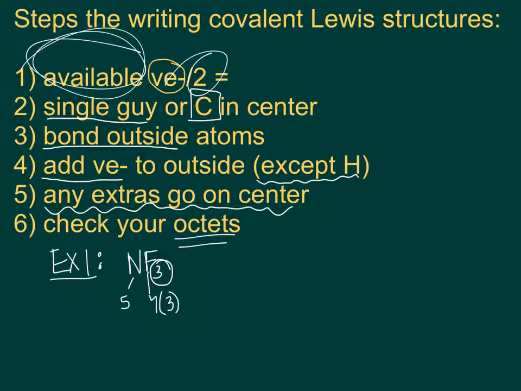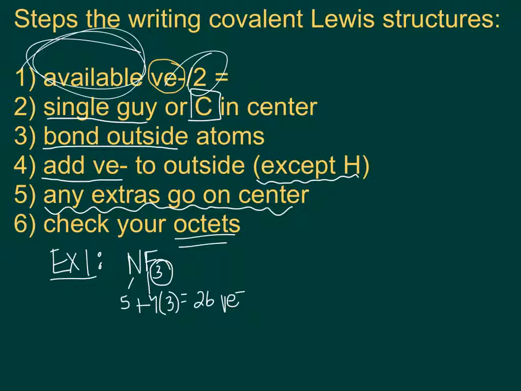Nitrogen's bringing 5. Fluorine's bringing 7 times 3, which is 21. We add those up and get 26 valence electrons. That is step 1.